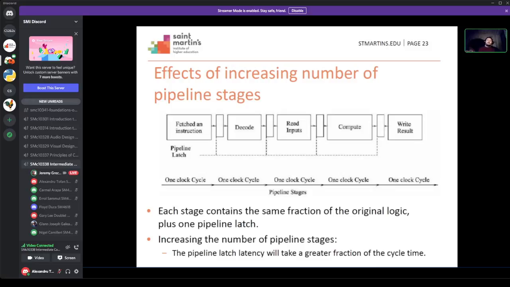If you look at your computers, or even within your assignments in the previous principles of computer architecture course, you were looking at computers or laptops with different CPU speeds. So you had CPUs with, for example, 3.4 gigahertz. What does that mean?